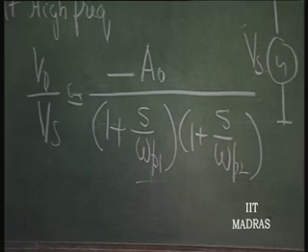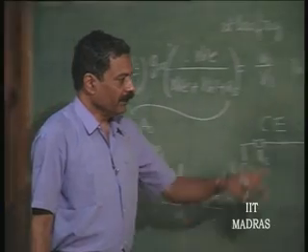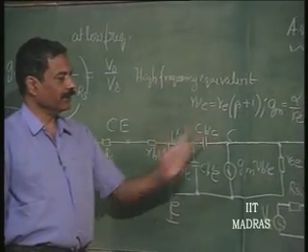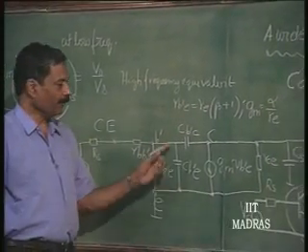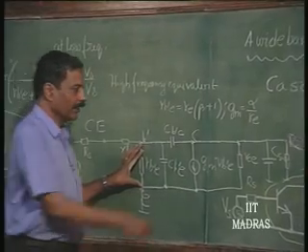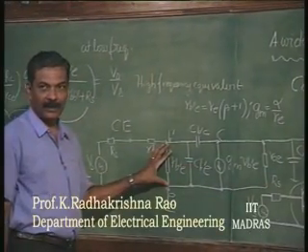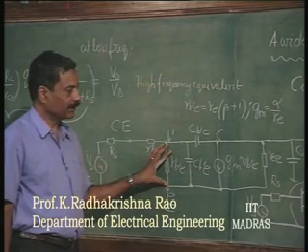Let us see. The approximation is: C B dash E is this capacitance, and this C B dash C gets amplified because this is the input and there is a gain of G m into R C parallel R C E, that is the low frequency gain.